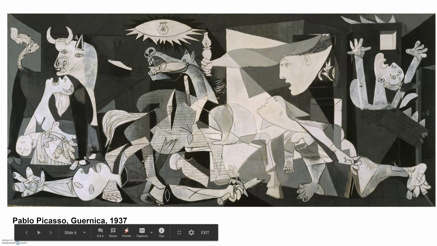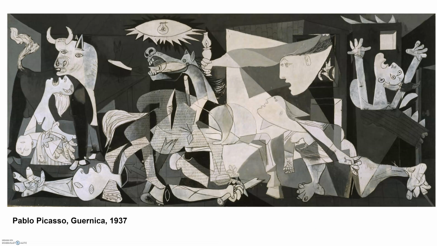Here is an extremely famous painting by Pablo Picasso, and this is called Guernica. This is a great example of value because he only uses blacks and whites and grays, and then those different scales in there of those colors.